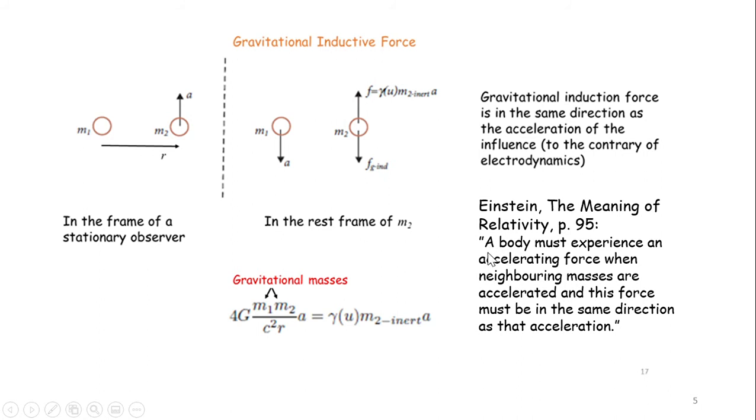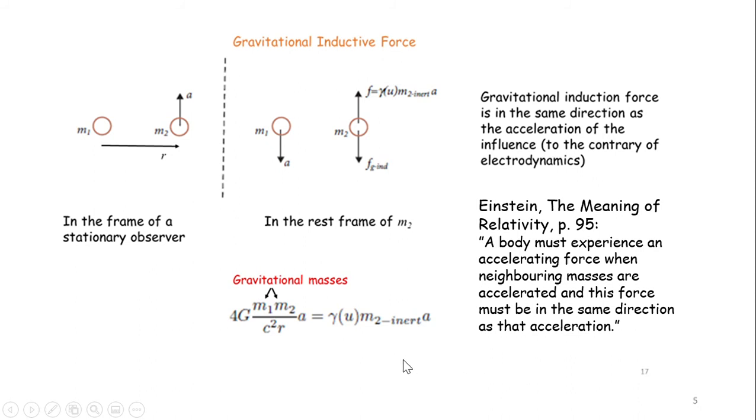He also noted the direction of the force, that it must be in the same direction as that acceleration for this conclusion to work. So this is a very good book, The Meaning of Relativity. Please check that, page 95.